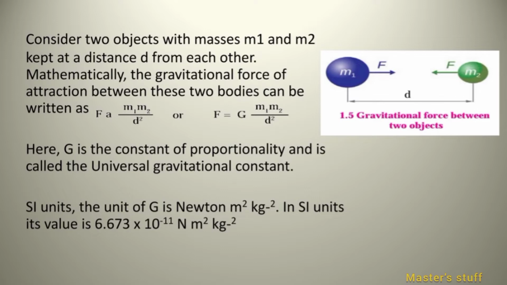Here G is the constant of proportionality and it is called the universal gravitational constant. The SI unit of G is Newton meter square per kg square. In SI unit, the value of G is 6.673 into 10 raised to minus 11 Newton meter square per kg square.